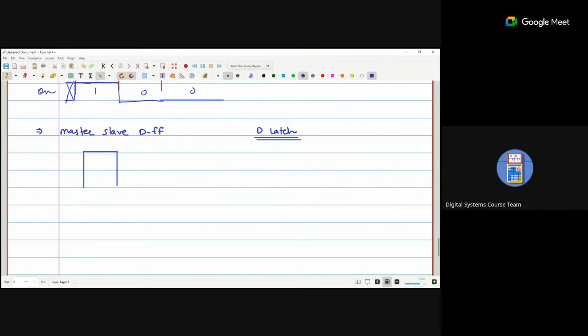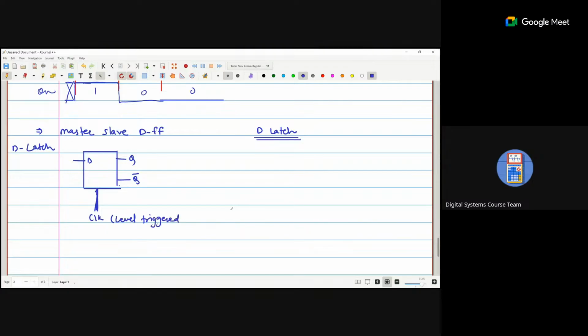So if we go with the D latch again, this is the D, clock, Q and Q bar. Okay. Now the thing is that if we represent a clock in a simple way, that is level triggered.